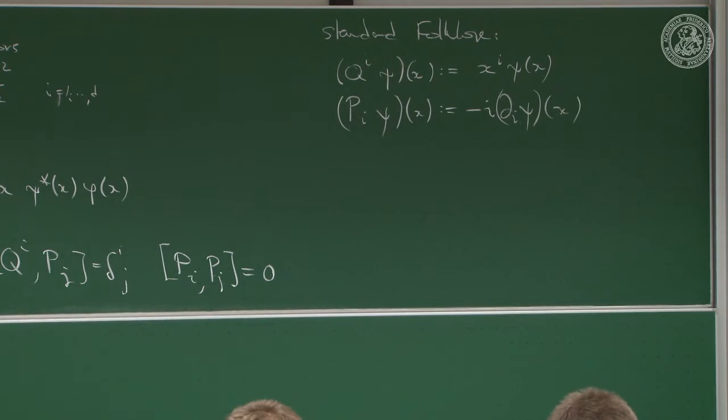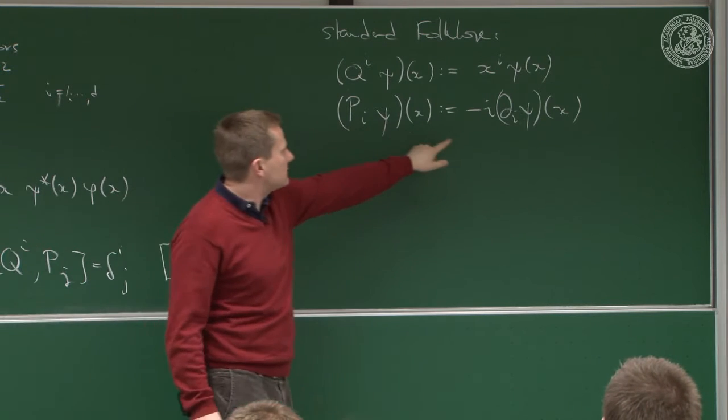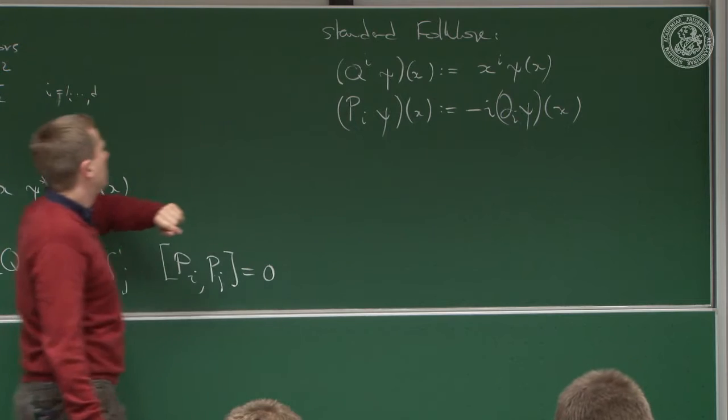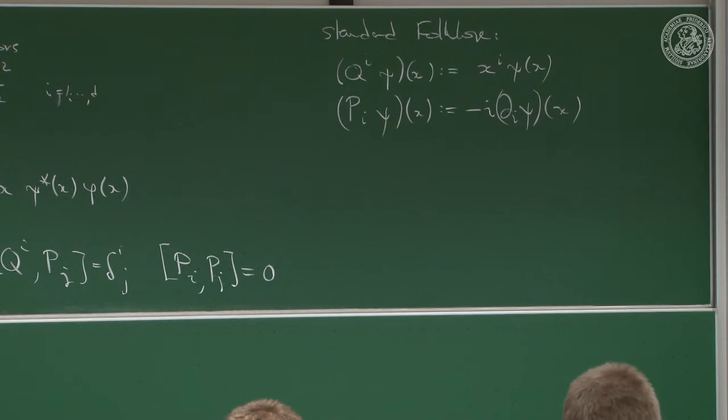Now the problem with this folklore is that if you have a square integrable function and you derive it, well, can you derive any square integrable function? No, you can't, because you could have a function that just consists of little boxes, and that can't be derived at every point.